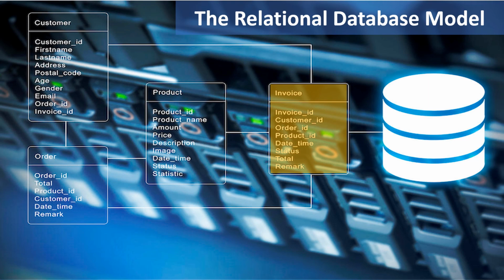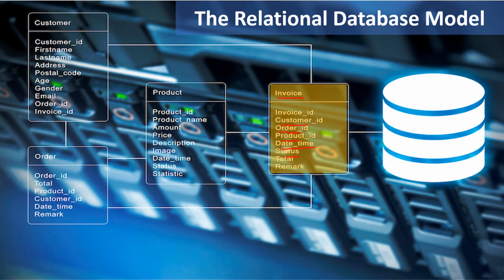So here I bring a small example to see how we have an invoice table. When we acquire an invoice, the information of invoice ID, customer ID, order ID, product number, date, time, status, total, remark, all of this information is not stored in one place.